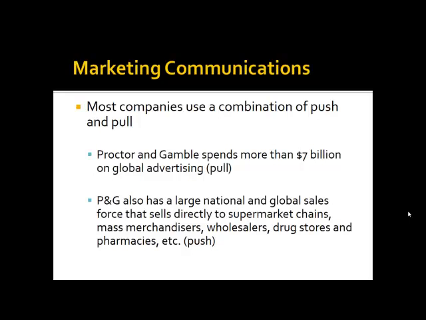They also have a very strong sales force that works directly with many different supply chains. Think about all the supermarkets their products are in, mass merchandisers like Target and Walmart, Home Depot, wholesalers, drugstores, etc. Ideally you can use a combination of both to create a lot of value for your brand.